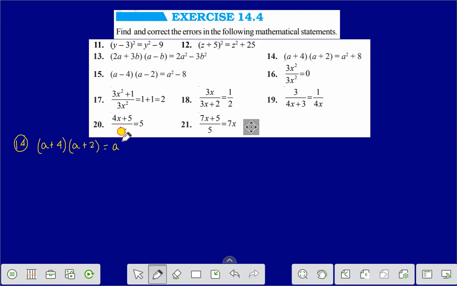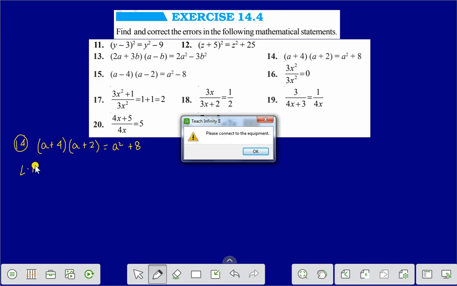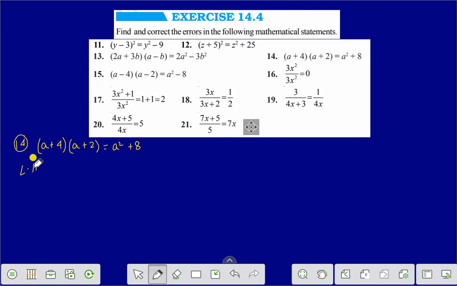Let us find the left hand side. The value of the left hand side is (a plus 4) into (a plus 2). It can be written as a into (a plus 2) plus 4 into (a plus 2).